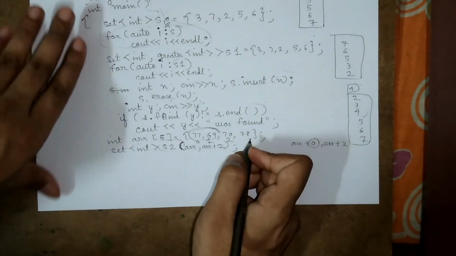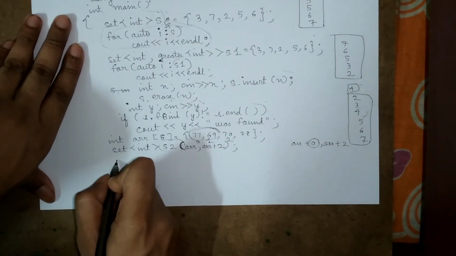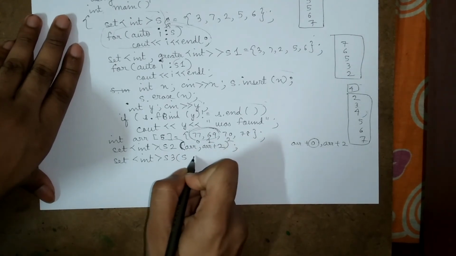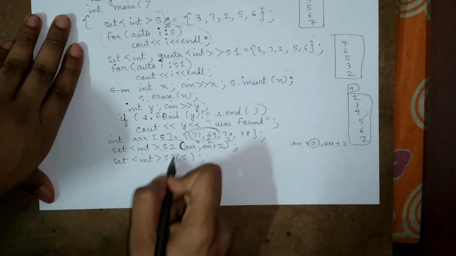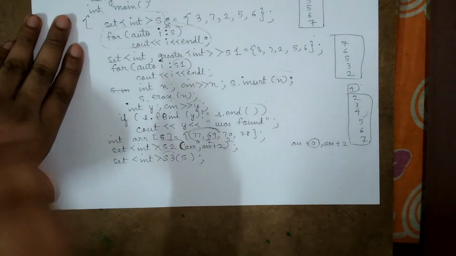Okay, and if you want to copy this entire set into another set, then what we can do is something like this: set<int> s3, and then within brackets you can simply write s. So this will copy all the set elements into set s3 in the ascending order only.